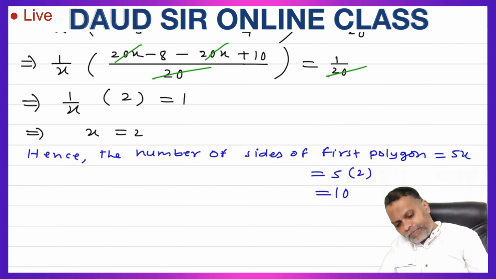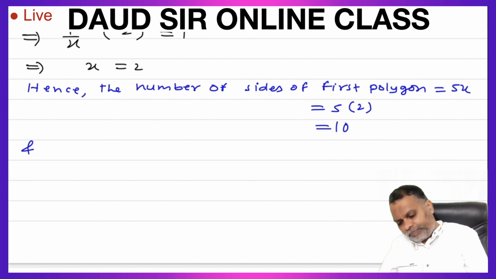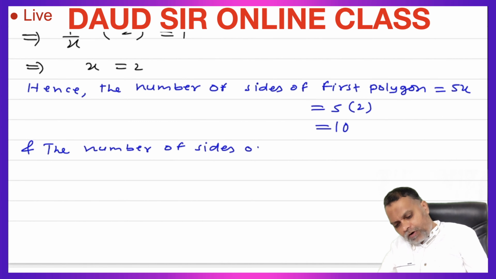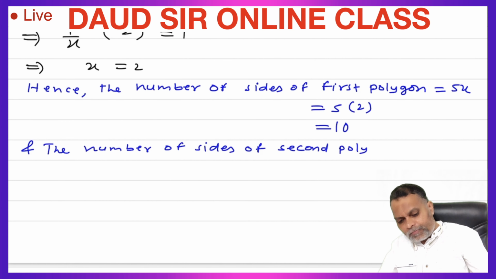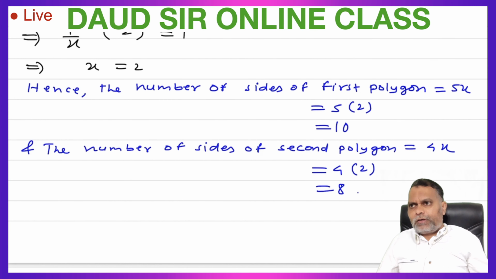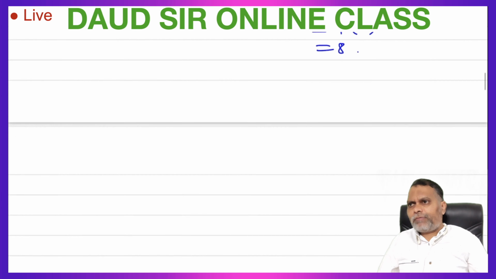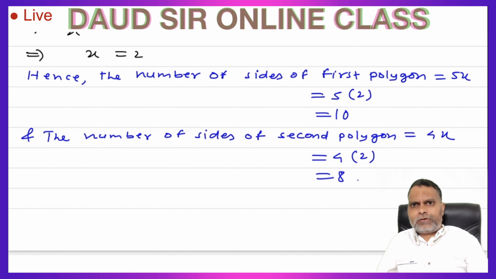And the number of sides of second polygon is equal to 4x. So 4 into 2, 4 2s are 8 sides. So here we have got the number of sides of first polygon 10 and number of sides of second polygon 8. So I think it's enough for today.